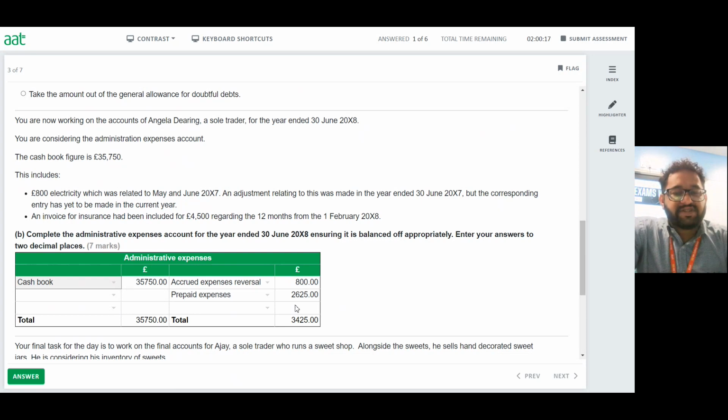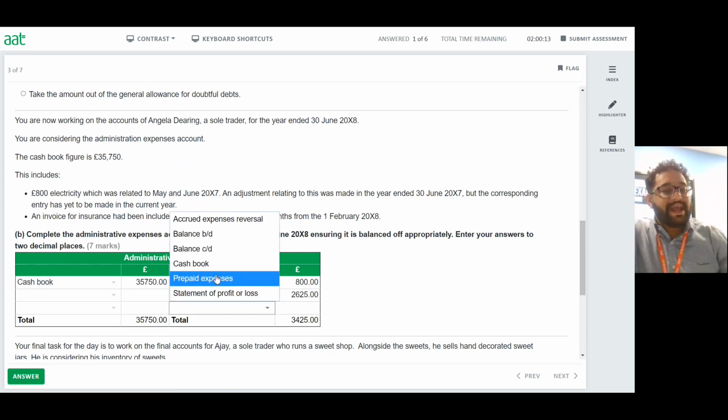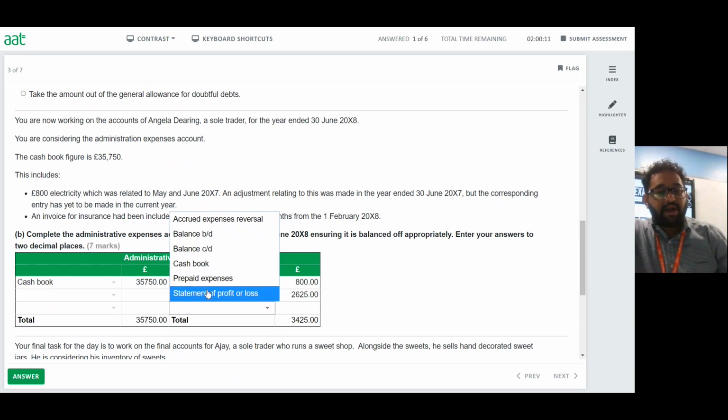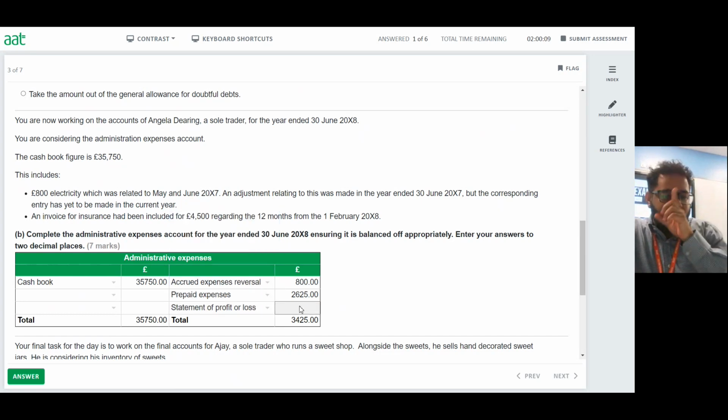Now, the difference between those two will be the amount that goes into the yearly profit and loss statement. On the profit and loss statement, the difference between these two amounts, £35,750 minus 3,425, will be 32,325 pounds.